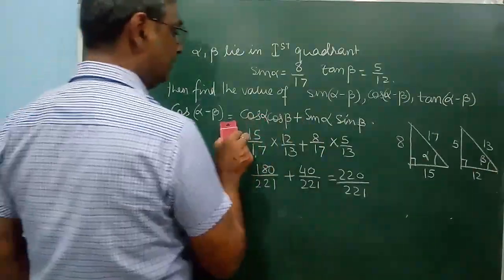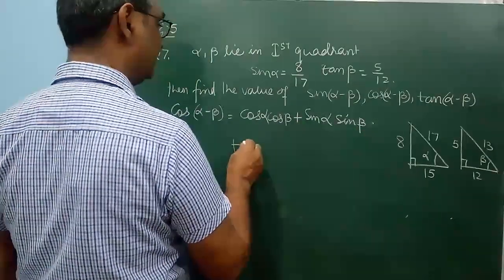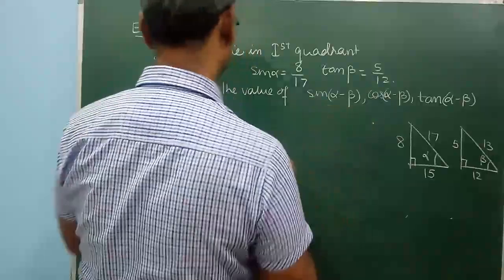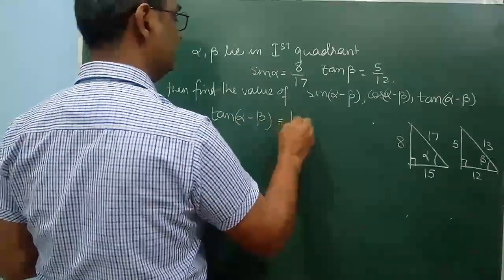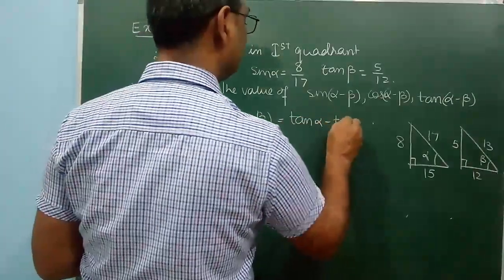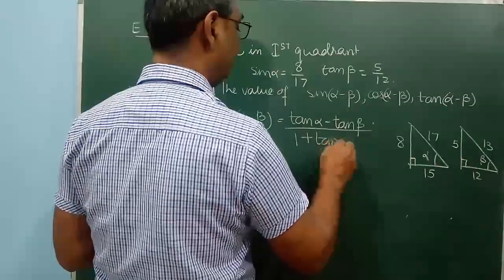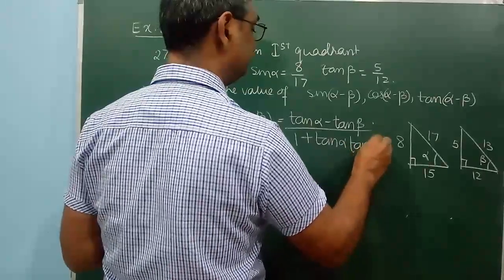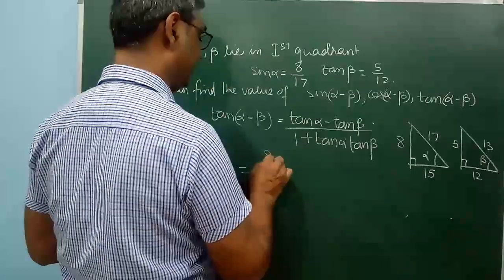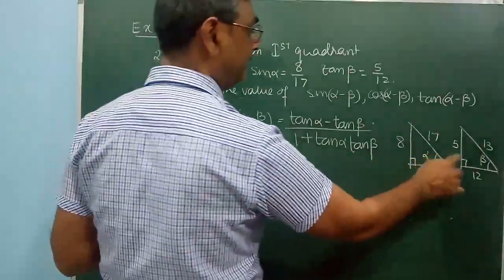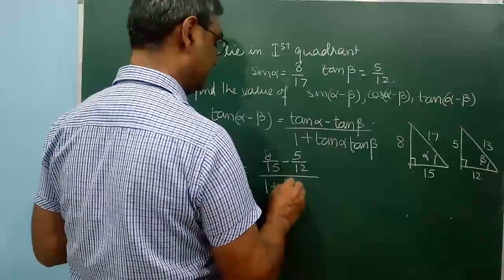Then the last part that we are having is tan alpha minus beta. The formula is tan alpha minus tan beta upon 1 plus tan alpha tan beta. What is tan alpha? 8 by 15 minus tan beta 5 by 12 upon 1 plus 8 by 15 into 5 by 12.